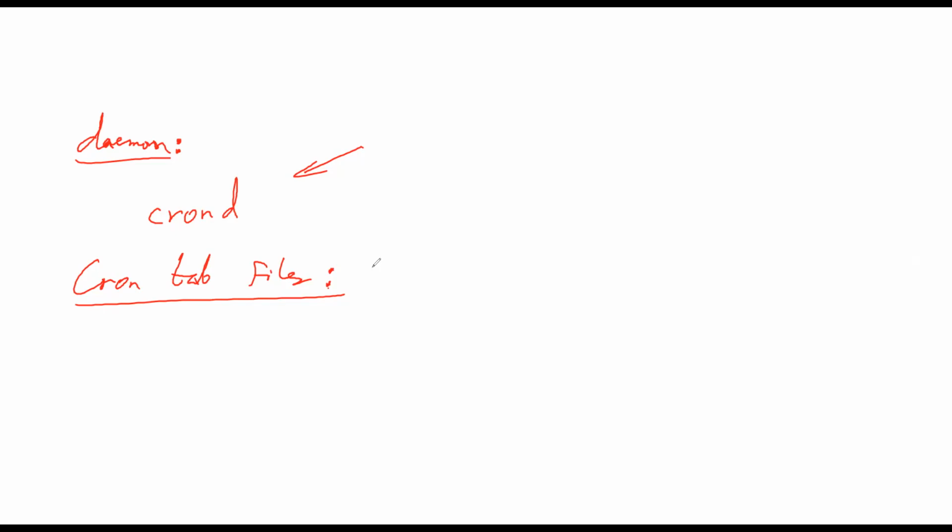So in the Crontab files, you set up what to run and when to run it. Obviously your time and date need to be correct, and that definitely needs to be accurate. Whatever you put in the Crontab file is called a Crontab entry.